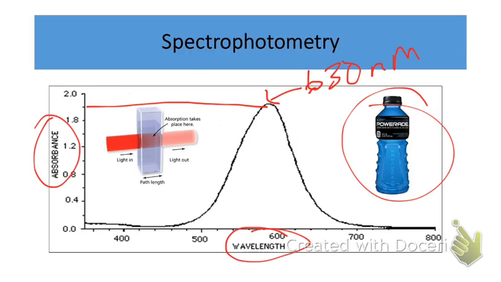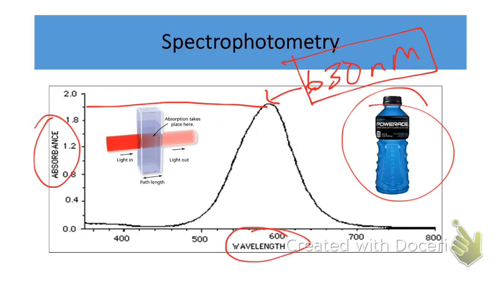So what does that tell us? Well, it tells us that Blue 1 mainly absorbs wavelengths of light at 630 nanometers. So that's going to be basically our selected wavelength that we're going to use in our spectrophotometers.